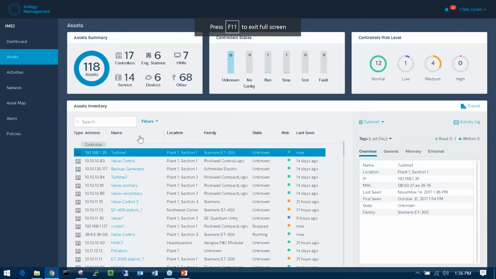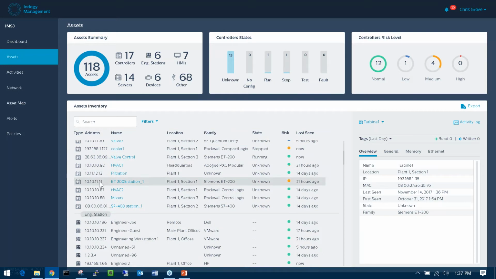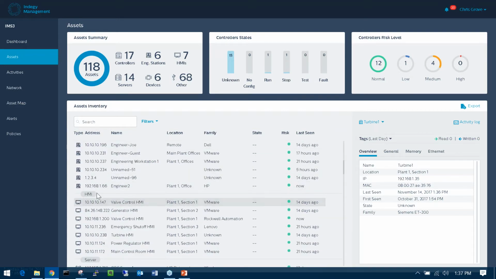The asset inventory screen that I'm going to show you in the beginning here is one of the few tools that we're going to use in our forensic investigation. Remember, we started our day with that alert. We know something new is on the network. So we come in and I can see at a high level what's going on in the inventory, and everything is automatically done with Indegy as far as populating this asset inventory with all the different makes and models of industrial controllers, my engineering workstations, my HMIs.